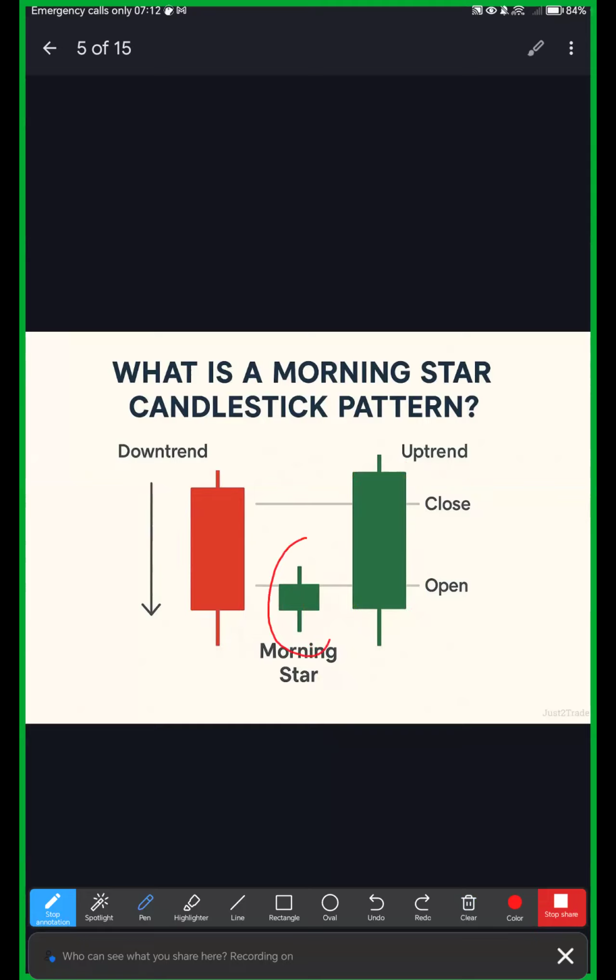The struggle that was happening here has now shown that sellers have lost control. The significance of this next bullish candlestick is that it is telling you that sellers are losing control.